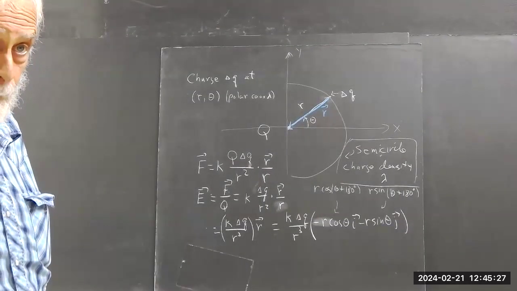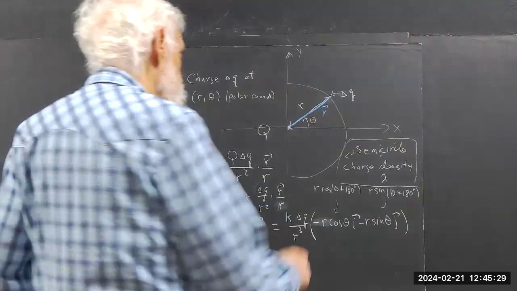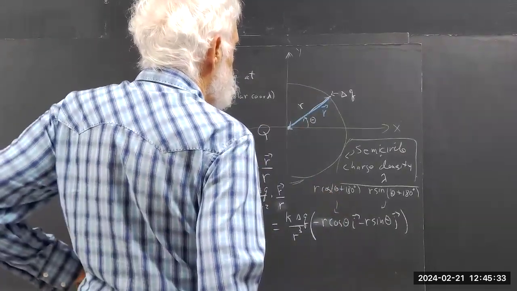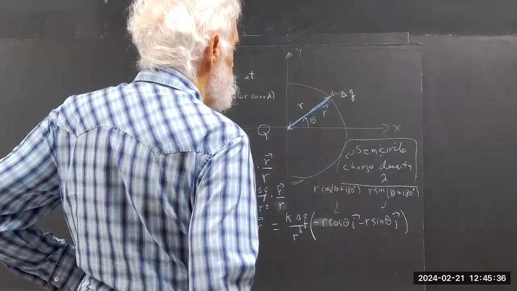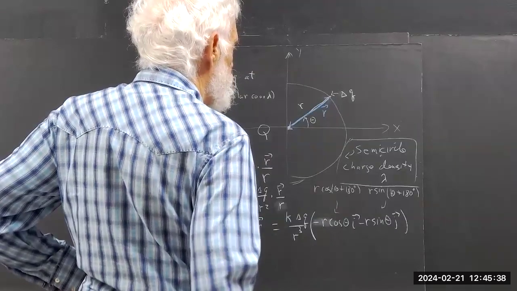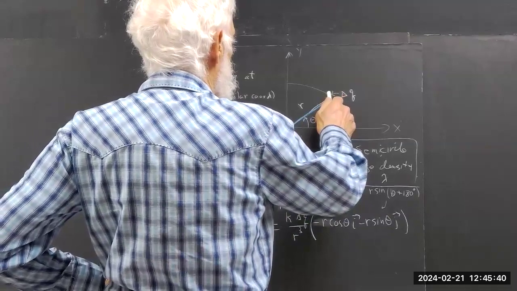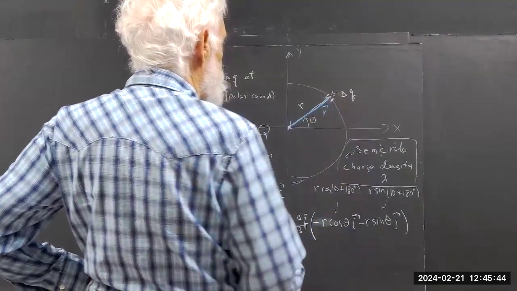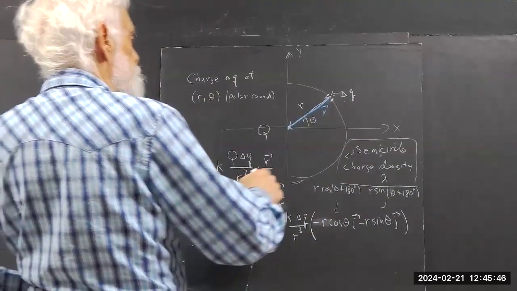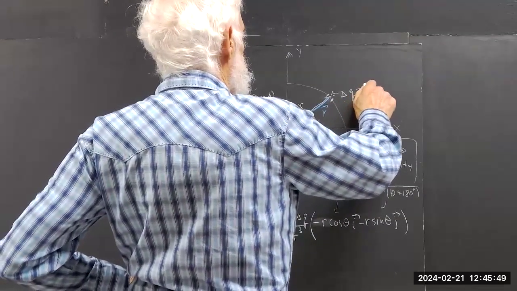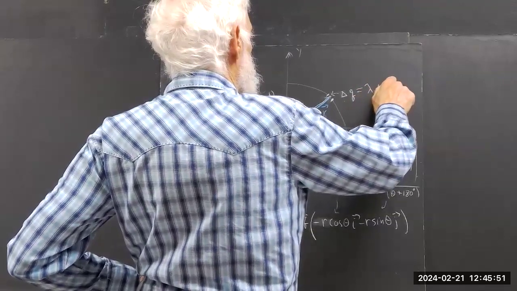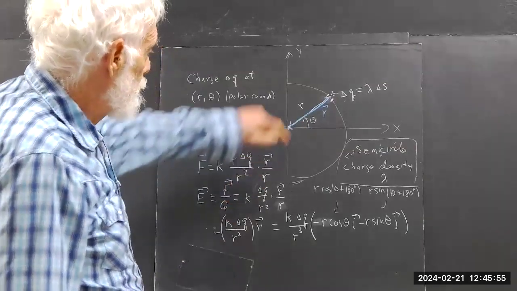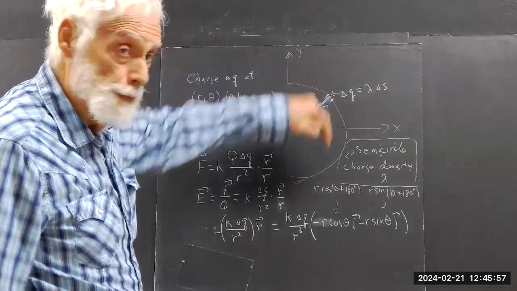Okay. So we're going to say that delta Q equals lambda delta S, where delta S is the length of this interval.